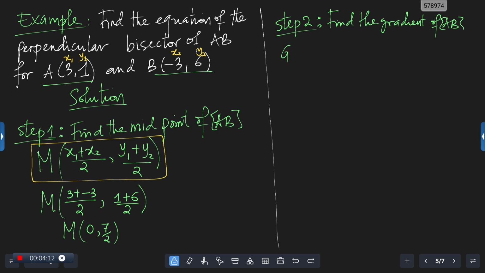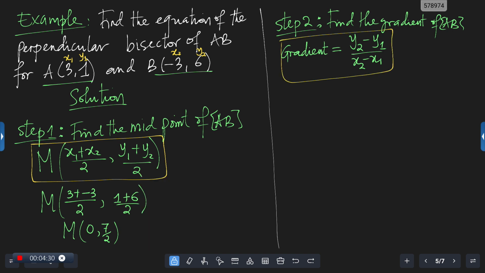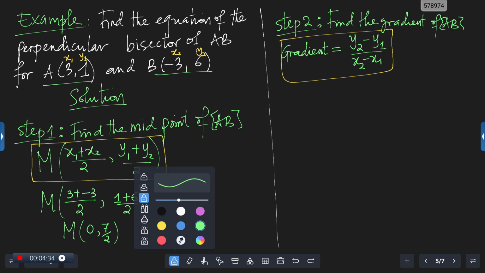So gradient would be y2 minus y1 divided by x2 minus x1. This is the gradient formula. So we're going to use this to find the gradient of the line segment AB.